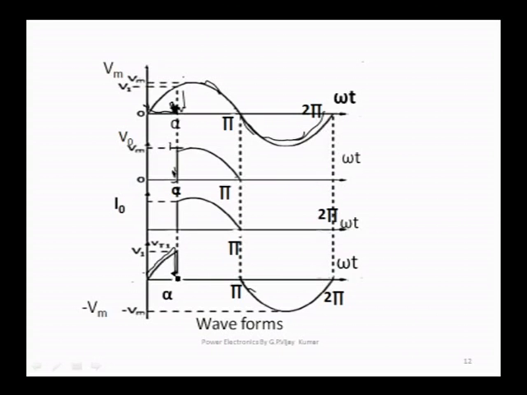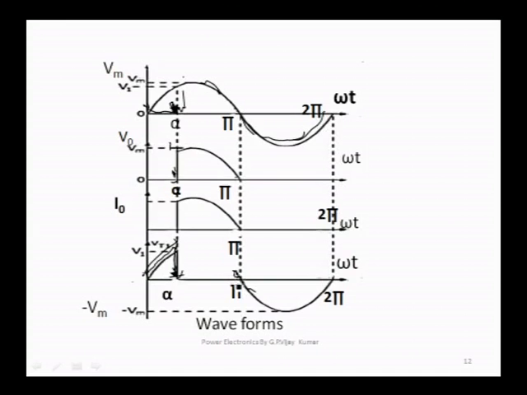Once the SCR is fired, the voltage across the SCR will be 0 because it is conducting. This is a point to be noted. Whenever the SCR is conducting, the voltage across the SCR will be 0. When the SCR is not conducting, this portion of voltage is available. Again, in the negative half cycle, it is not conducting, so the voltage across the SCR appears. This is the same as the input voltage. You can see all this in a CRO.